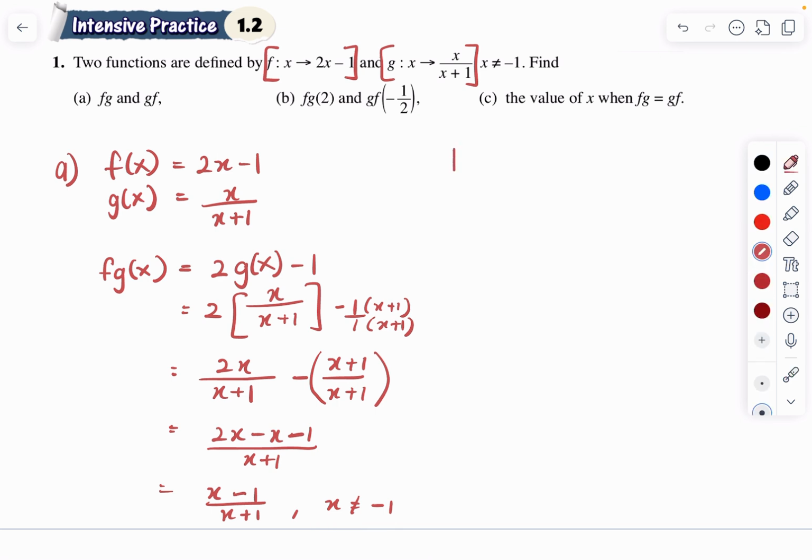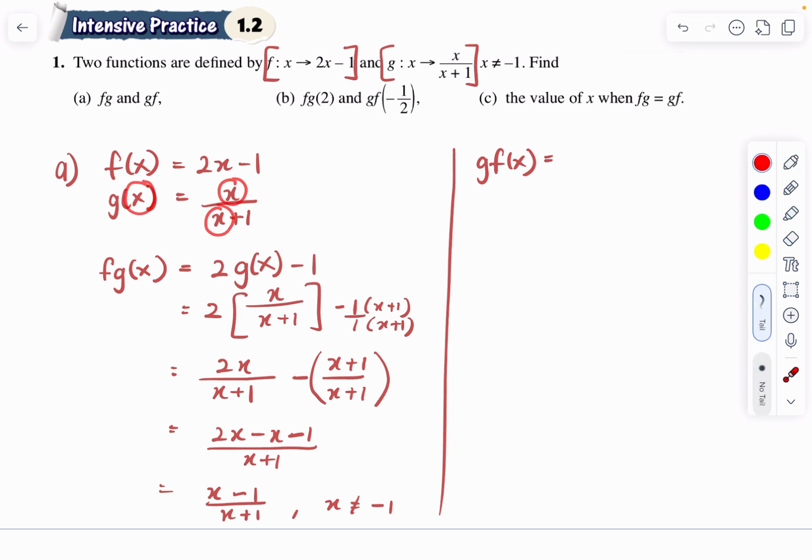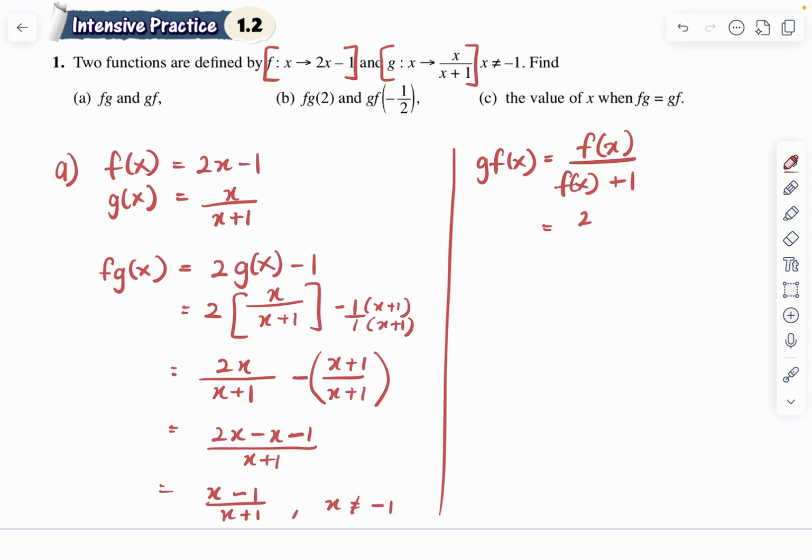Okay, next. gf. So g(x) is x over x plus 1. g(y) will be y over y plus 1. g(z) will be z over z plus 1. So gf(x) will be f(x) over f(x) plus 1. Okay, and f(x) is 2x minus 1 over 2x minus 1 plus 1.